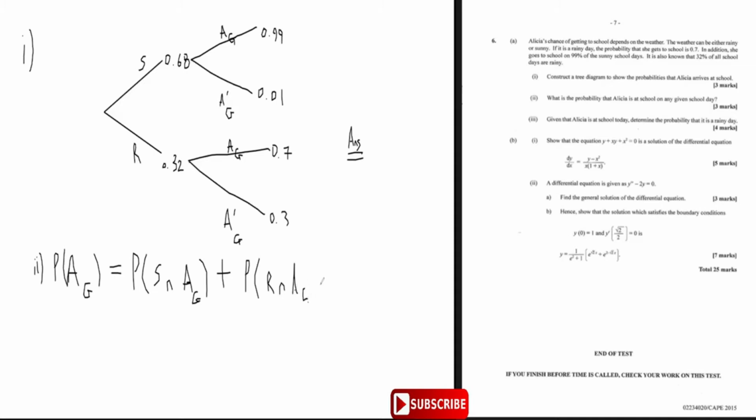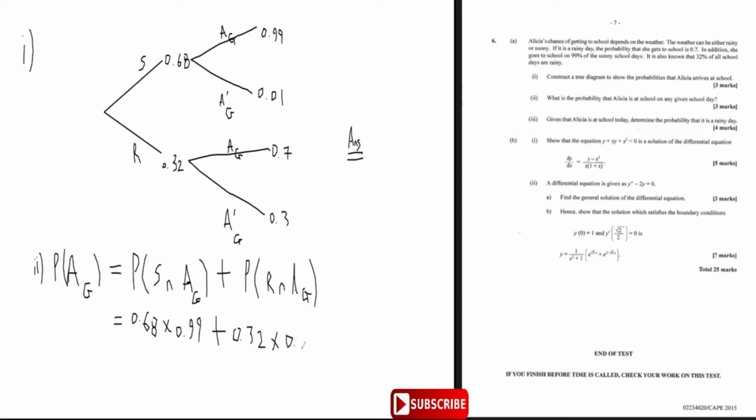So the probability of it being sunny and she goes to school is, chances of it being sunny, 0.68, multiplied by 0.99. Plus the probability of it being rainy and she goes to school is, chances of rainy, 0.32 times 0.7.